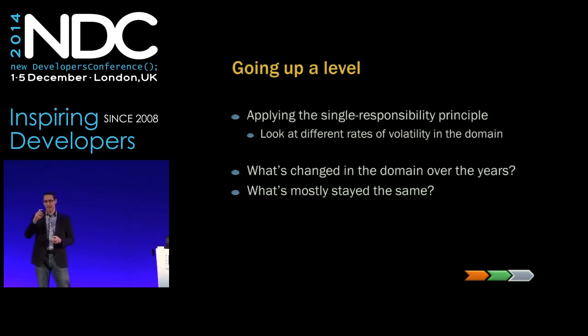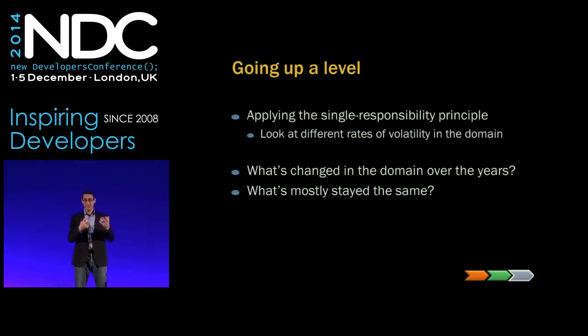It says a given thing should have one reason to change. In other words, what we're looking at here is not only data ownership. Data is one of those things that can be a cause for change, but not necessarily the only thing. So ultimately, what we're looking at is what is volatile in the domain versus what is a stable abstraction.